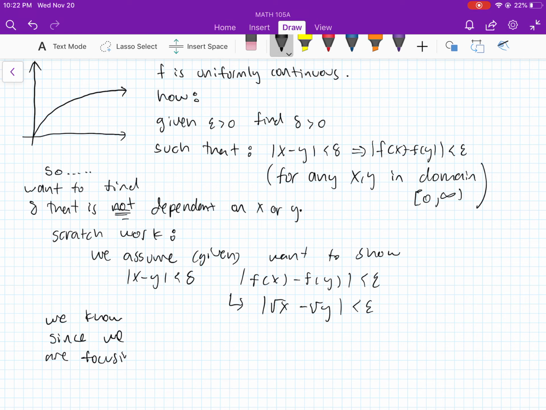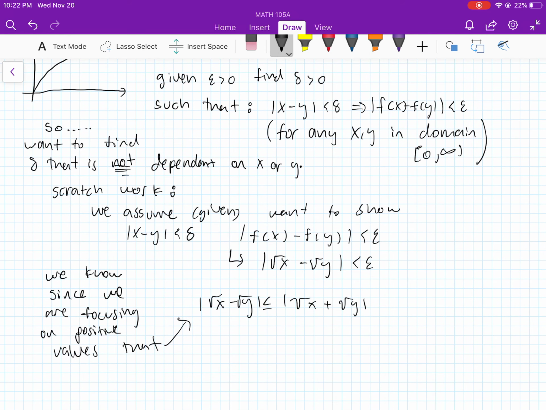We know that, so I'm just saying that we're focusing on positive values right now. So we know that the difference between two numbers is smaller or equal to adding two numbers.